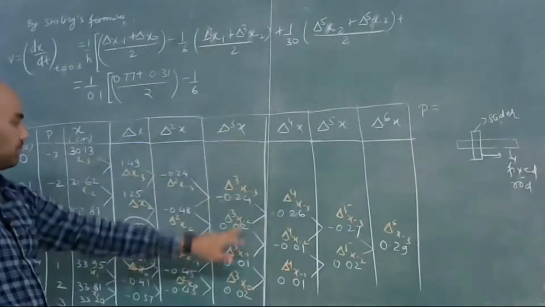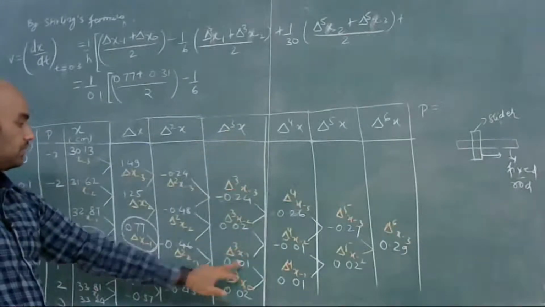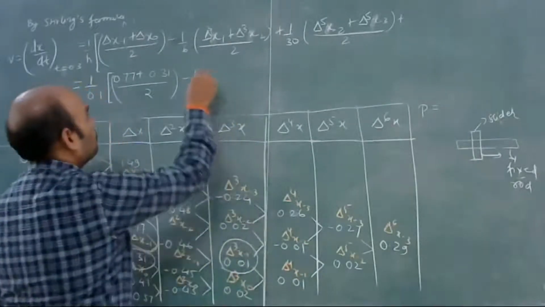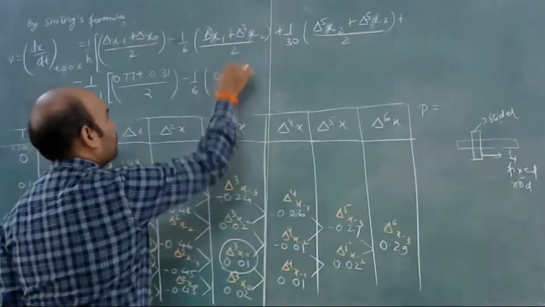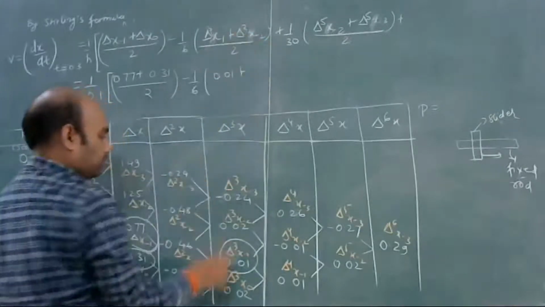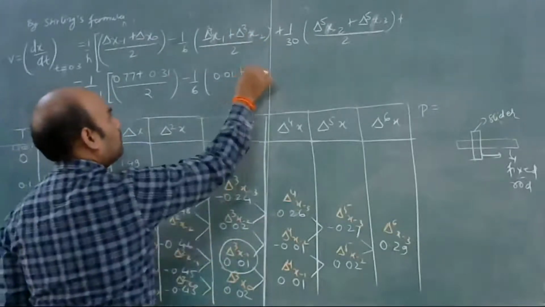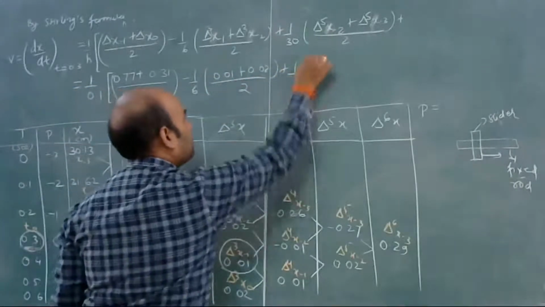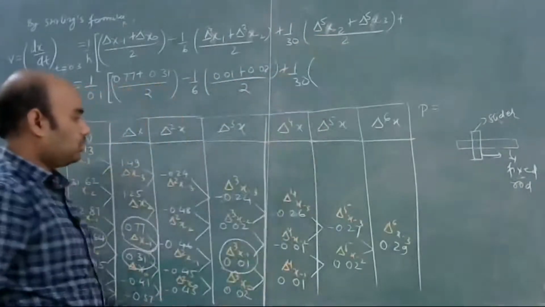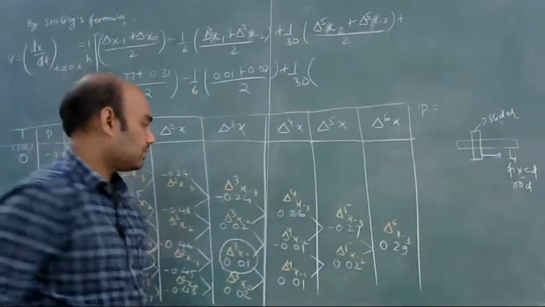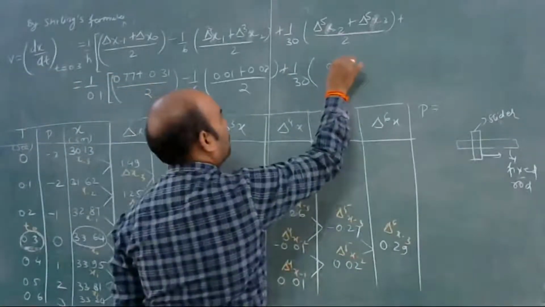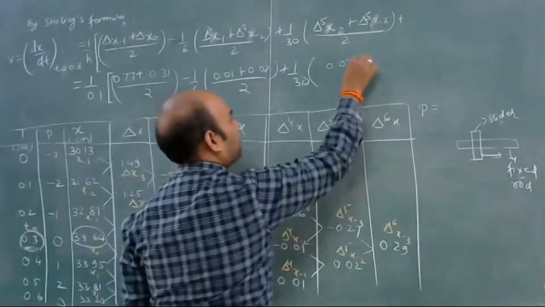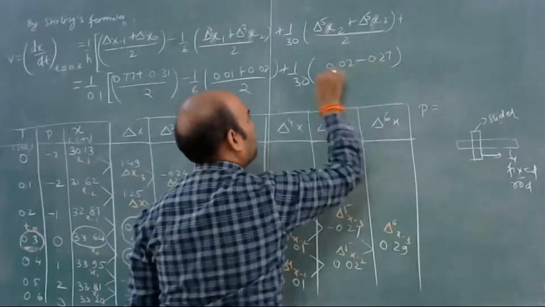So del cube x minus 1 is 0.01, this value. Del cube x minus 2 is 0.02 divided by, plus 1 upon 30 del to the power 5 x minus 2. Del to the power 5 x minus 2 is this, 0.02, and del to the power 5 x minus 3 is minus 0.7, minus 2.7.